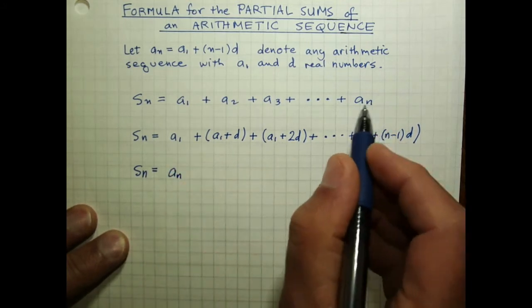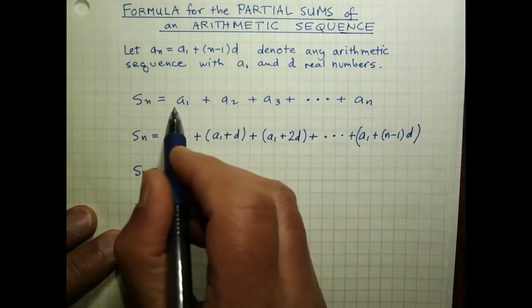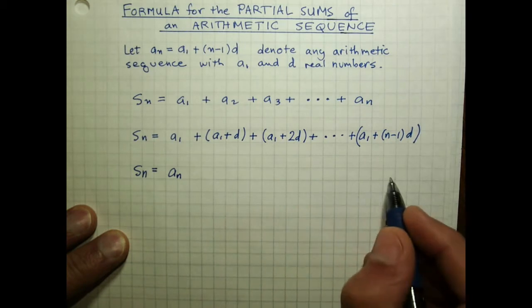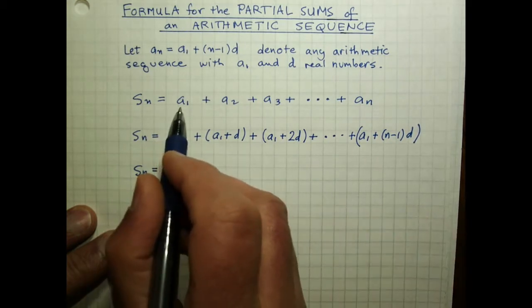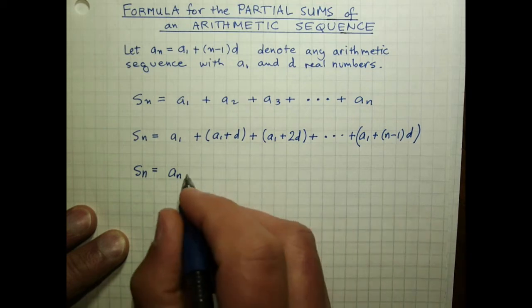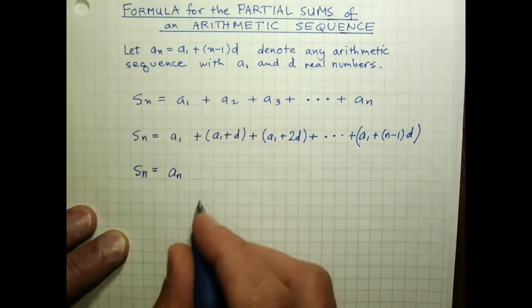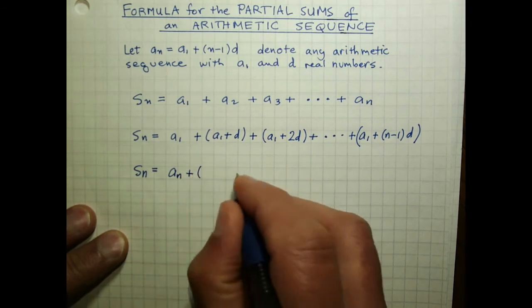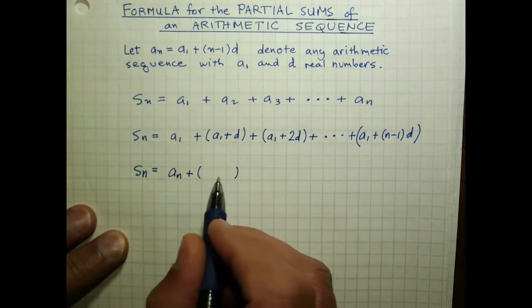So I'm actually turning the terms around in order. I'm going to put an, then the one before, then the one before, and I'm going to end up with a1 all the way on the right-hand side. I'm going to describe this, not using the formula so much, but the idea of what would happen if I work my way backwards through the terms of this sequence.